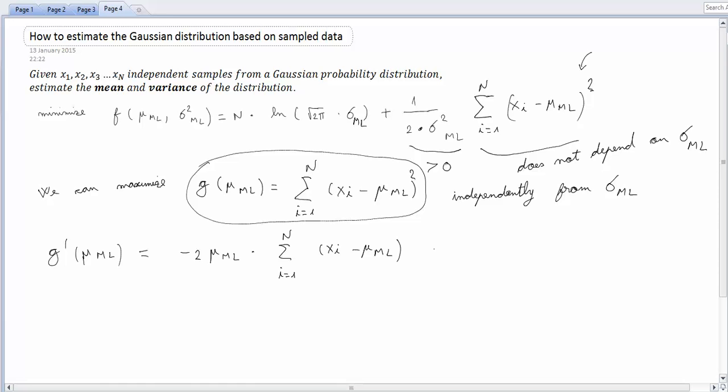And in order to find the minimum, we need to equate this to zero. Need to write this equation.